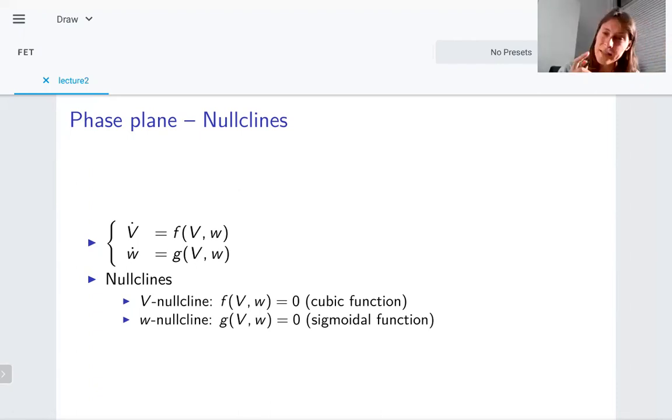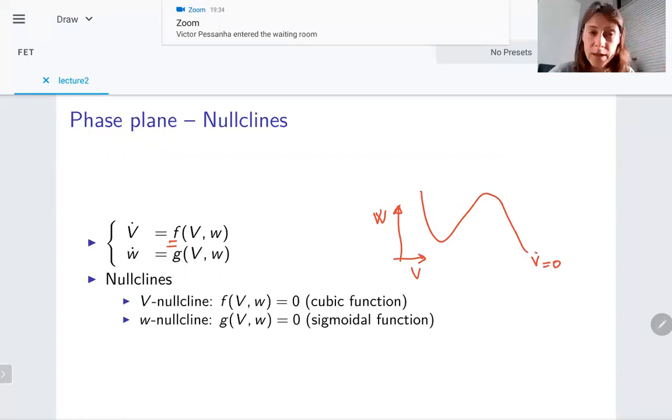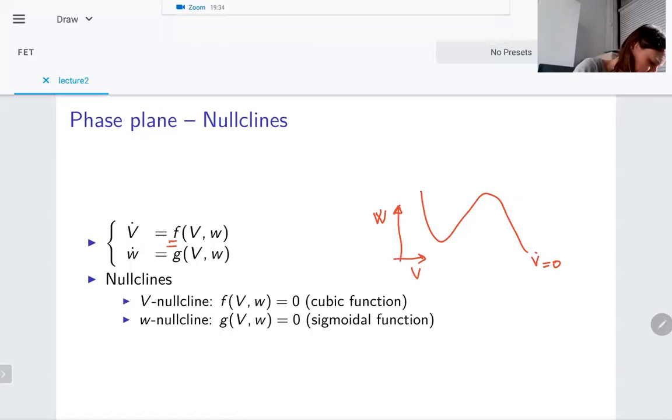Typically in neuron models, the V null line, this function that I wrote as f, is a cubic function. So when we plot it on the VW phase plane, the V null line looks like a cubic function. This is V dot equal to 0, while the W null line is a sigmoidal function.